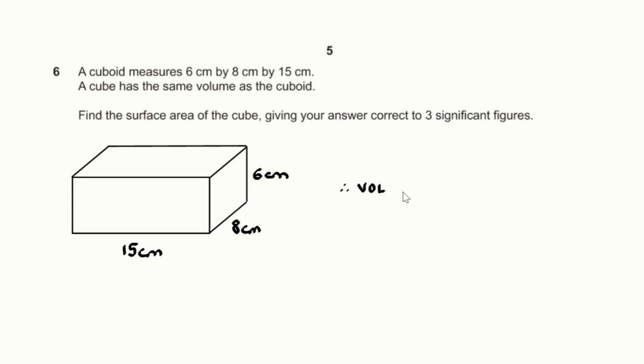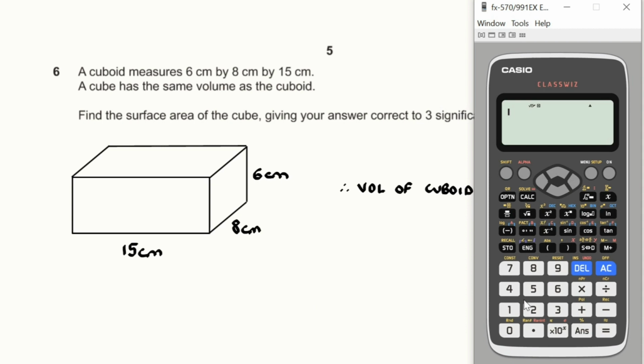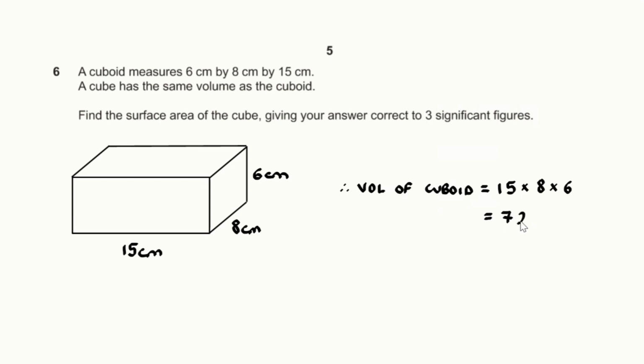The volume of the cuboid, that's equal to 15 times by 8 times by 6, and if I work this out, we get 720 centimeters cubed.